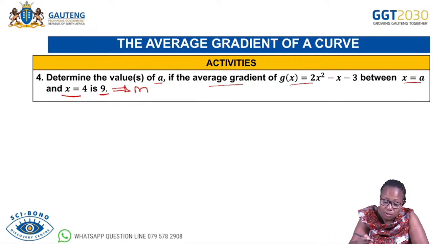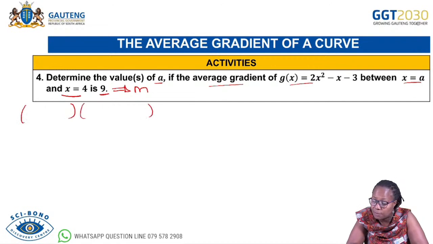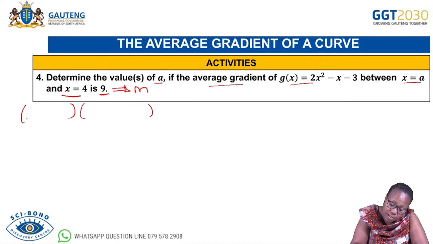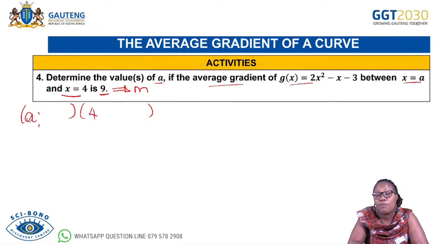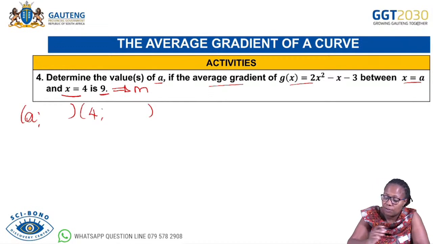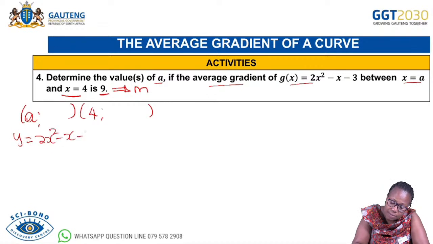Let's start. The method, remember we identify the x values that we have in the expression. So we are having the first x value being A, and then the second x value being 4. Same method, all right? And then now we need to identify step number 2, the values of y using what? The function given to you. Our function, we are given y is equal to 2x squared minus x minus 3.